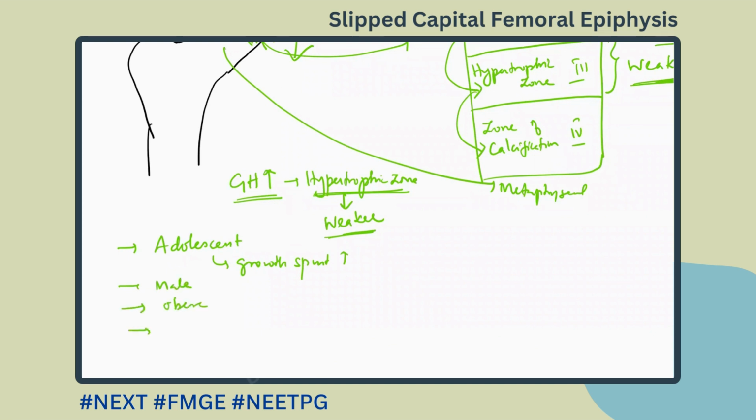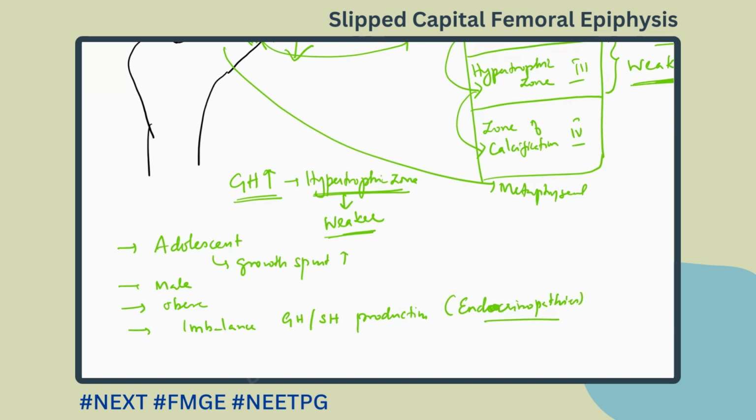It is also common in people who have an imbalance between growth hormone and sex hormone production. So if they have endocrinopathies, the imbalance between growth hormone and sex hormone can cause SCFE.